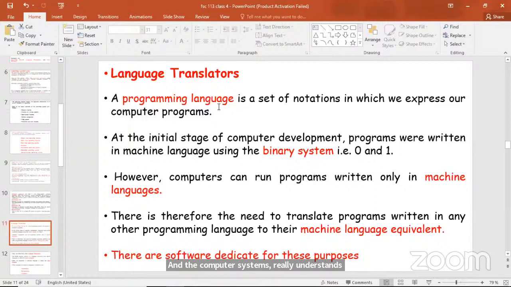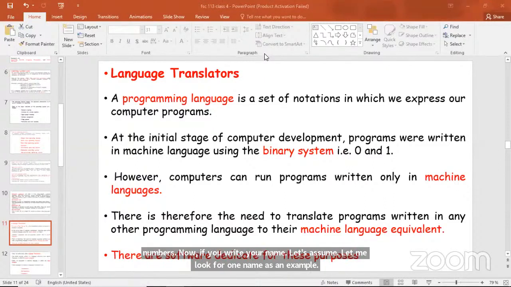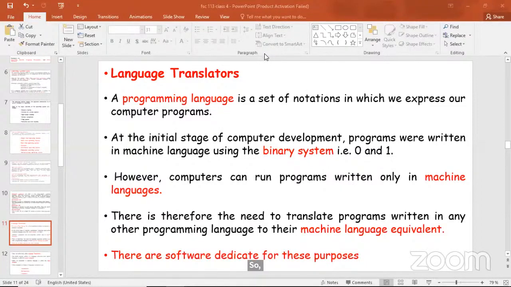Now, if you write your name, let's say Victoria, or Ladi Akinyemi Kikiola, once you write that name on the computer, the computer does not see your name in that respect.